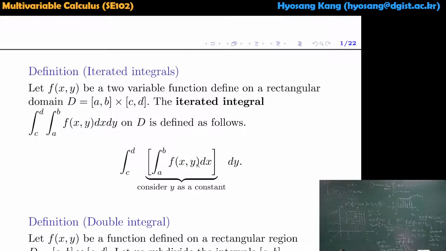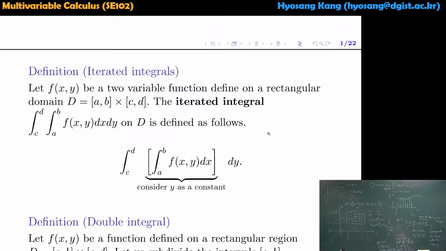So the iterated integral also does the same. When you do this integral, we have only y left, as if it's a constant. Then, when you take an integral in terms of y, we take y as a variable and do the integral again. So basically, we are doing two integrals of single variable functions.